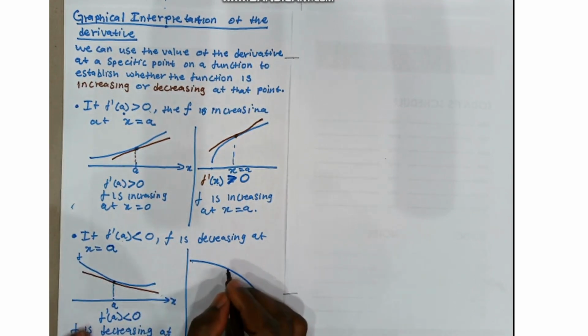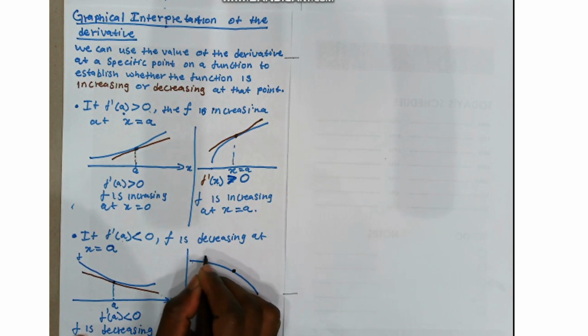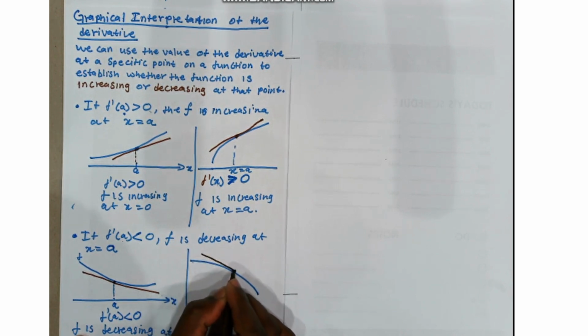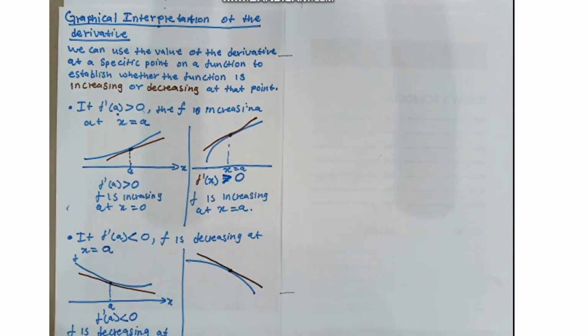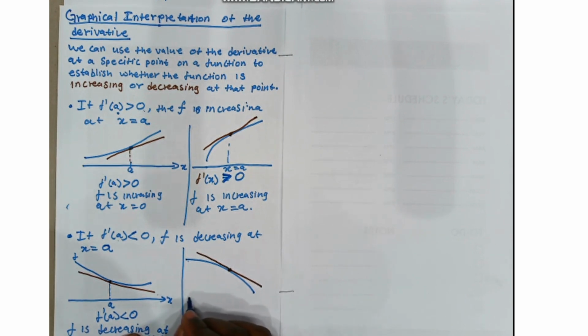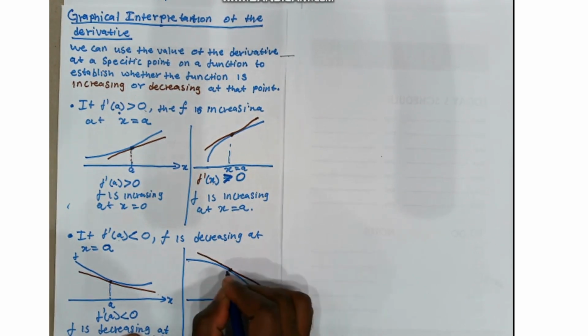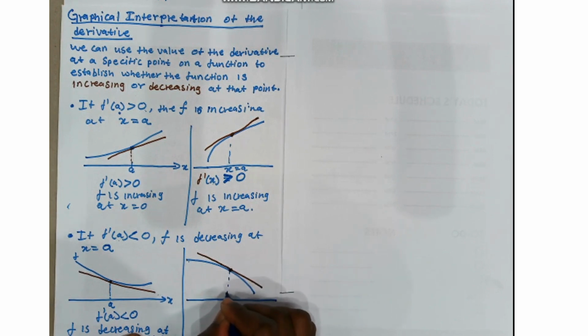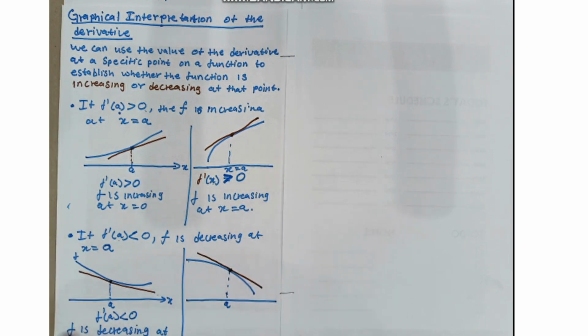Do our tangent here. This is just the example, the representation of the graphs, where you need to identify that your graph is decreasing or it's increasing. This is point at x is equal to a.